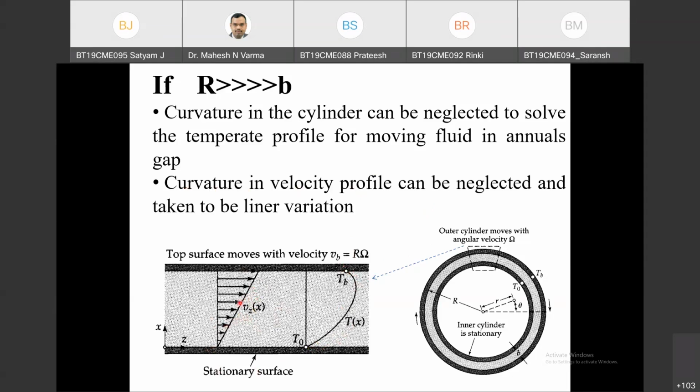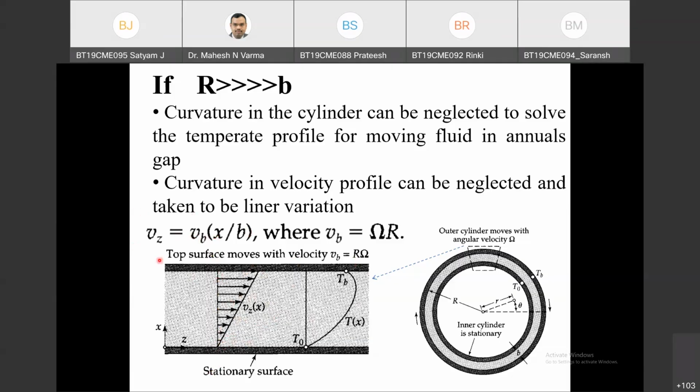As I told you, to get this velocity profile you can use a shell balance for momentum transfer. But here this distance is very small, so I can neglect the curvature in the velocity profile and take a linear velocity profile. Here velocity is 0, here velocity is Vb, which equals r into omega. So the velocity profile Vz, with x as the given direction, will be Vb into x divided by b.